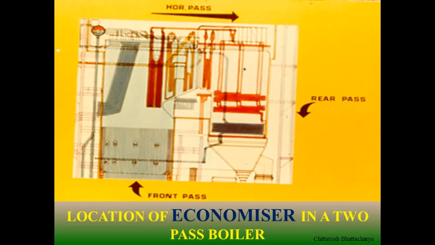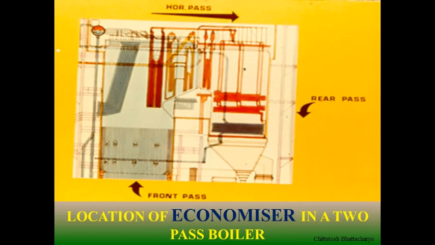Economizers are generally placed in the second pass of the boiler, at the bottommost part of the boiler second pass, just above the air preheater, and are placed like tube bundles which are clamped together with a clamping arrangement.